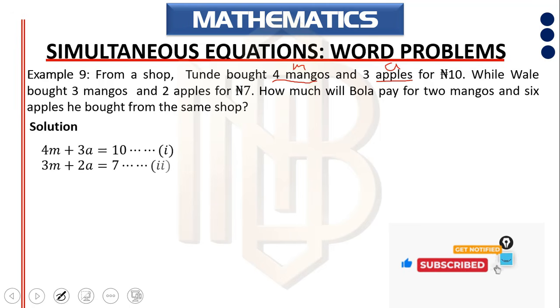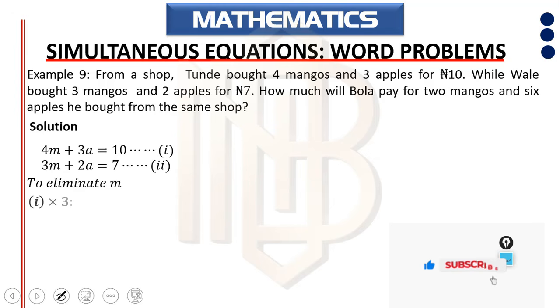Okay, so for the second one, Wale bought 3 mangoes, that's 3M, and 2 apples, that's 2A, for 7 naira, which is what we have interpreted here. 3M plus 2A equals 7 naira. Okay, the rest is to solve simultaneously. We decided to use the elimination method to eliminate M. You know what that implies?